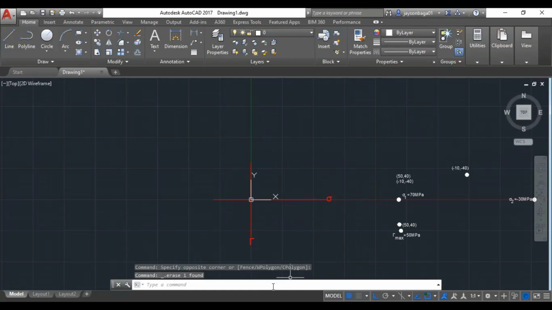Okay, so first step natin dito is i-plot yung points natin, yung sa x face and sa y face. So para ma-determine muna natin yung points, ang gagawin ko is gagawa muna ako ng maliit na circle. So ilo-locate ko lang siya dito.